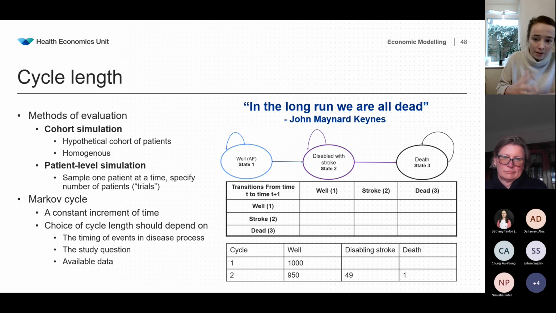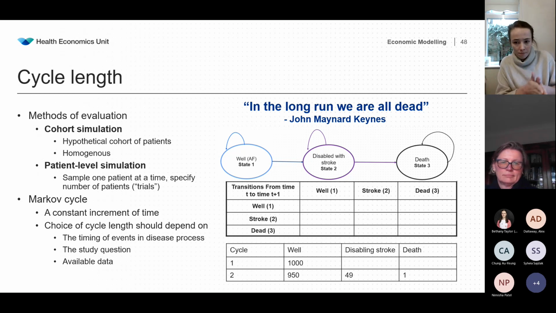This is obviously kind of a problem because statistically, not everybody who dies is going to die on the first day of the year. They might die all through the year. There are different ways that you can adjust for that, but unless you've adjusted for that using other methods, a Markov model is going to assume everything happens on day one. So all your costs will be incurred, and everybody who's dead, everybody who progresses, will all occur on day one.